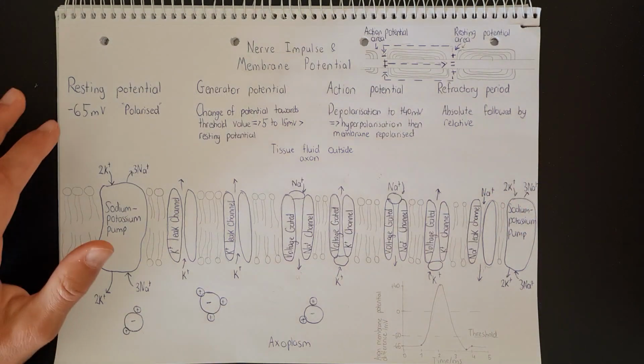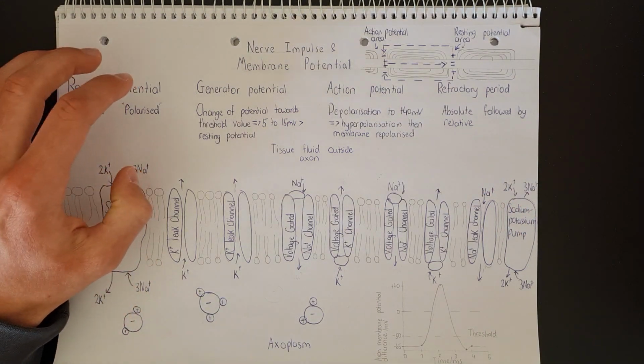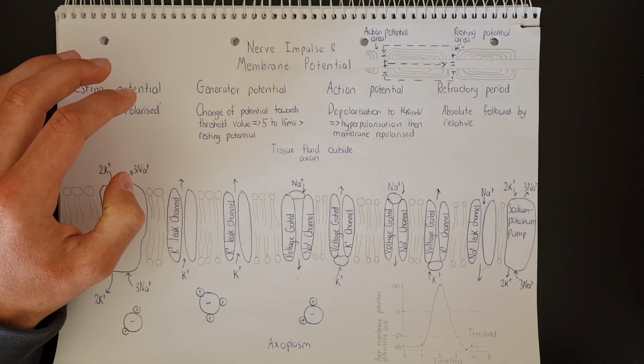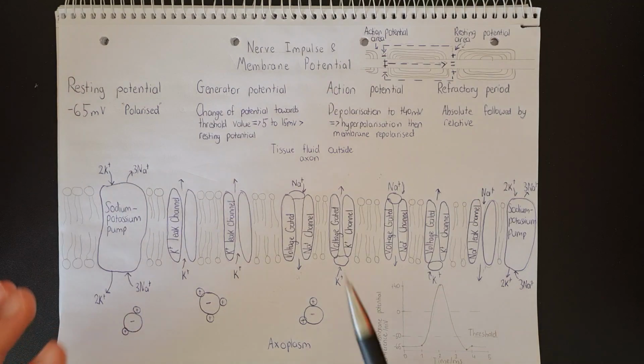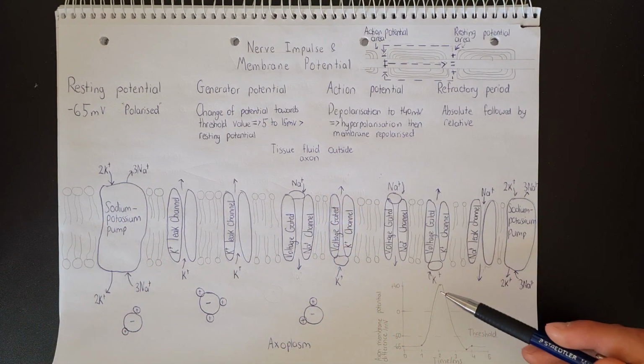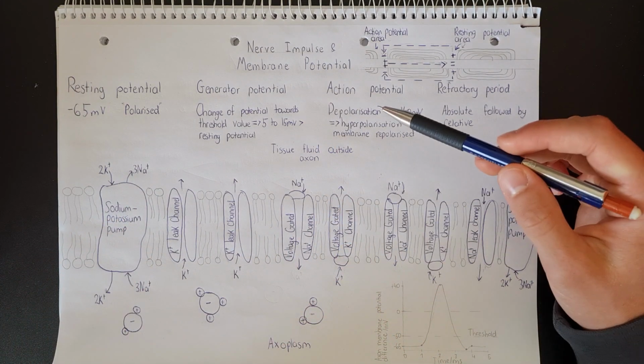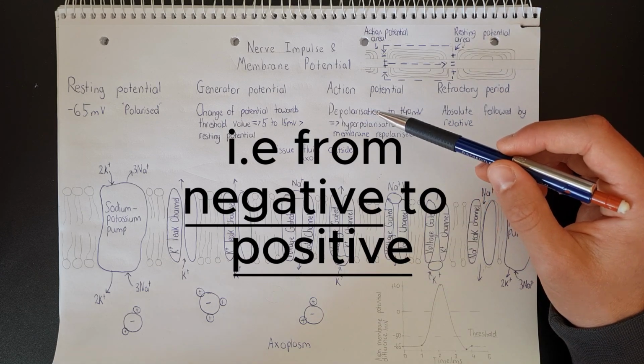Initially it was polarized. This was the resting state of the axon membrane at negative 65 millivolts. Now, because we have changed the charge to plus 40 millivolts, it has become depolarized.